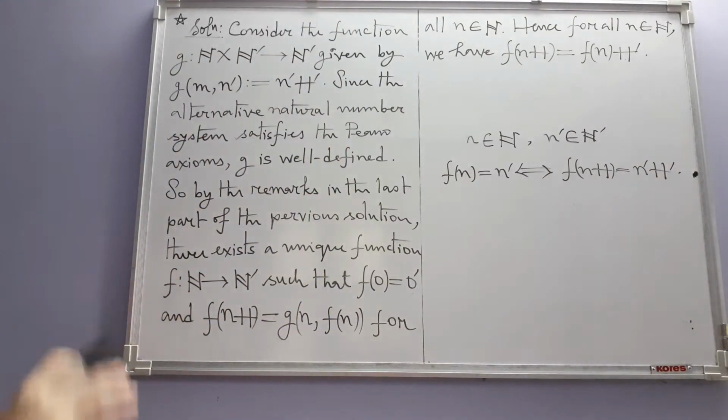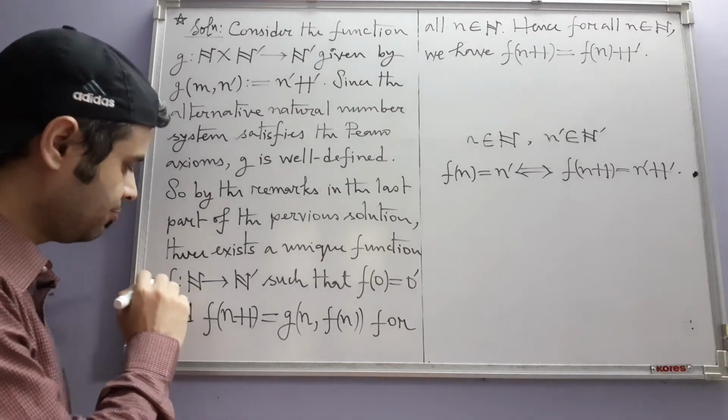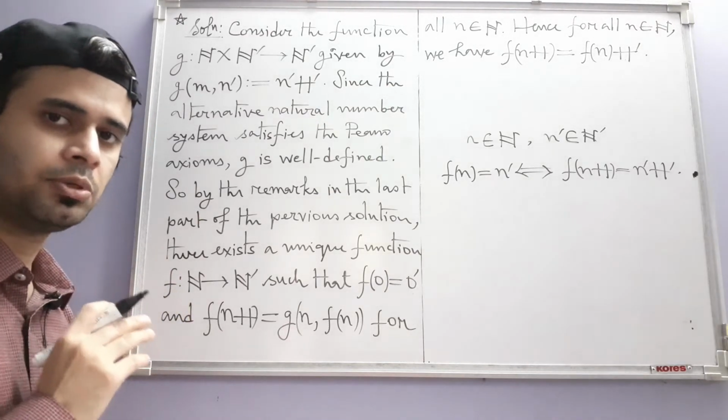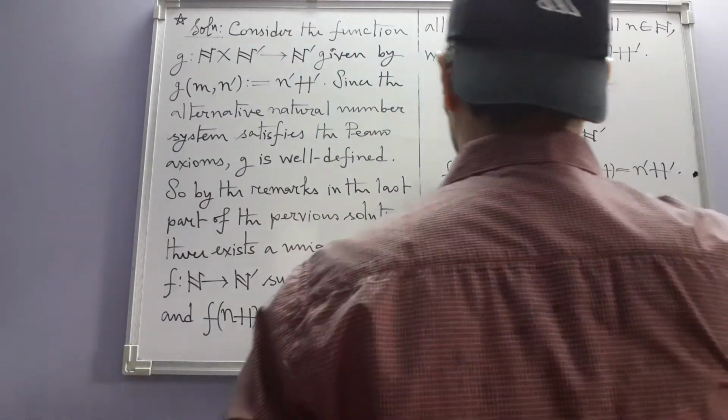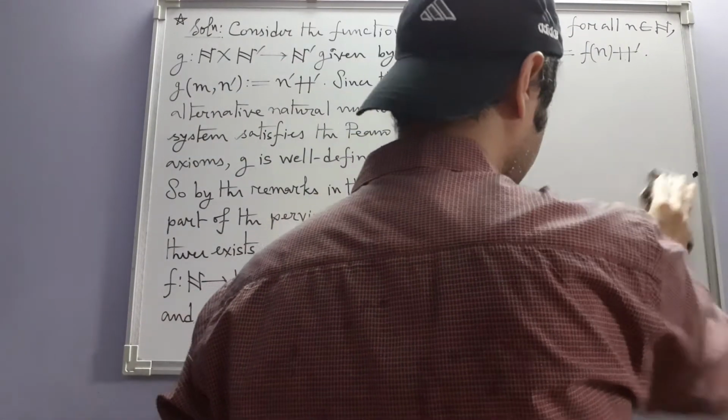This is one of the things we have to prove. The other thing we have to prove is that f is bijective. f has to be both one-to-one and onto. Okay, so we will do these things one by one.